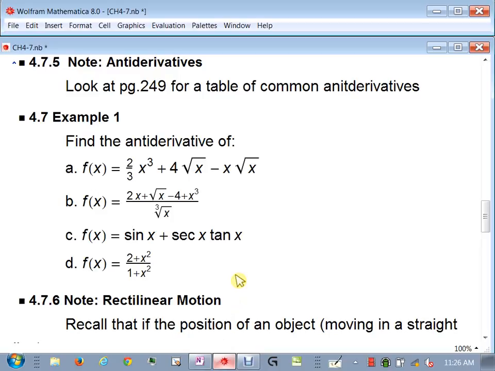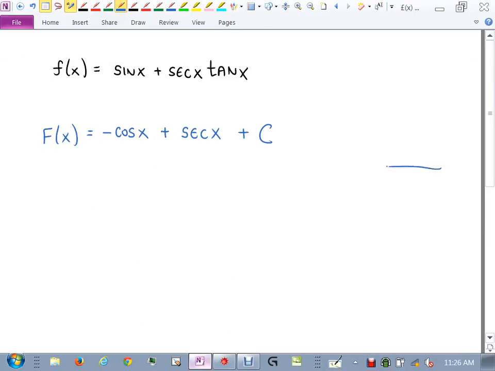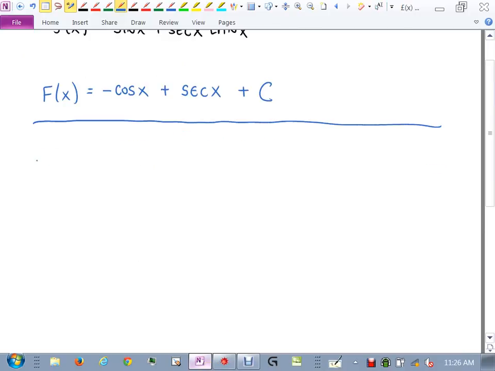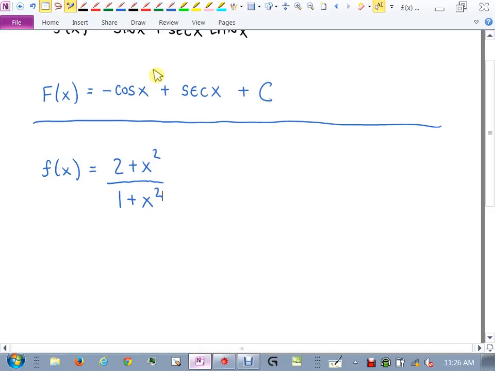All right, last one. 2 plus x squared over 1 plus x squared. This is probably the most challenging one that we've seen.